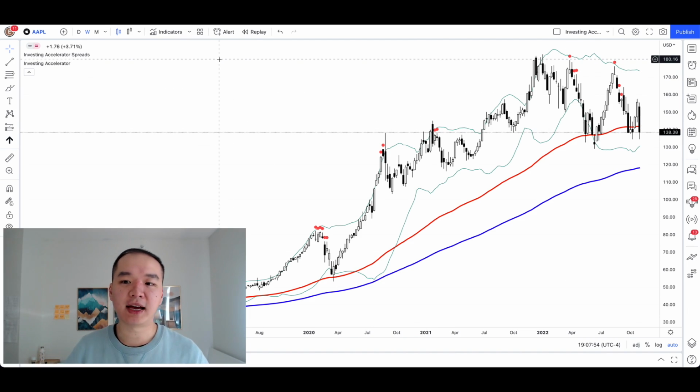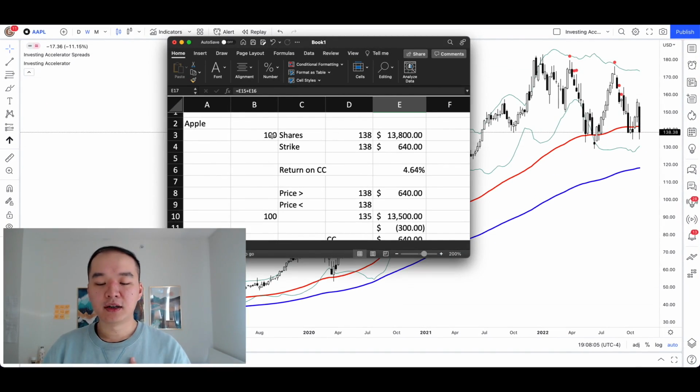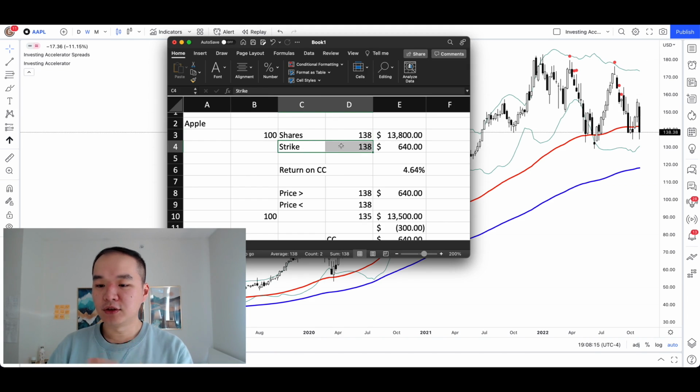Now, another disadvantage when you're selling covered calls is that most people are selling at the current stock price. So what I mean by that is, let's say you are selling one covered call, $138 a share, and you're selling a strike that is $138. So when you're looking at this, then the probability of your success is actually around 50-50.